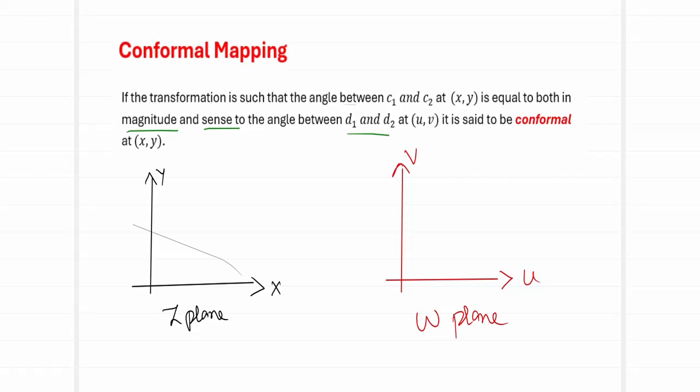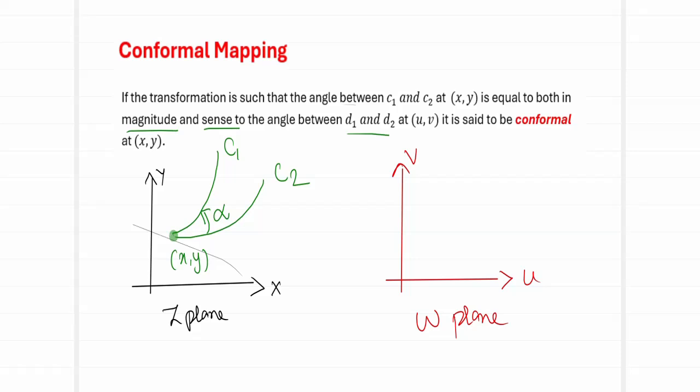Now if we have two curves over here, say this is the point and I have a curve called C1 and one more curve called C2 at the point x comma y, and this is the angle of orientation alpha.